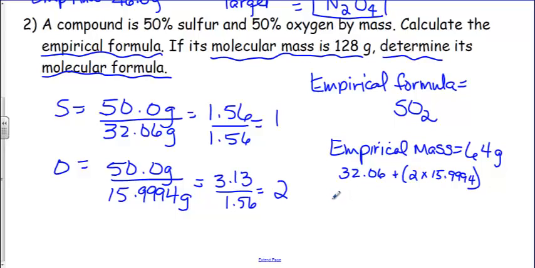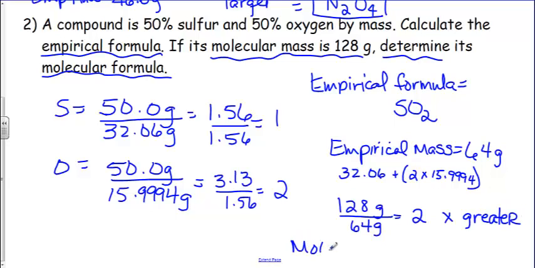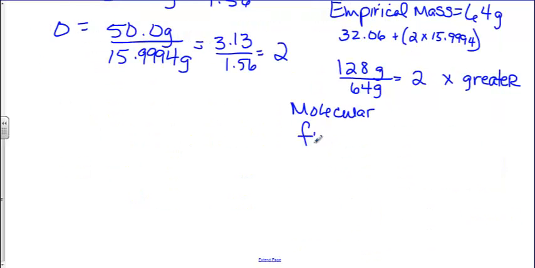So let's do 128 grams divided by 64, and this will tell us what we have to multiply our subscripts by. 128 divided by 64 gives us 2, so 2 times greater. Our molecular formula will then be 2 times greater than SO2, so S2O4.